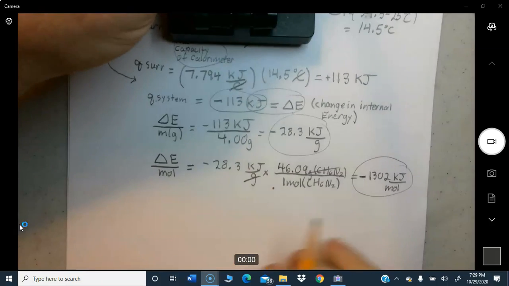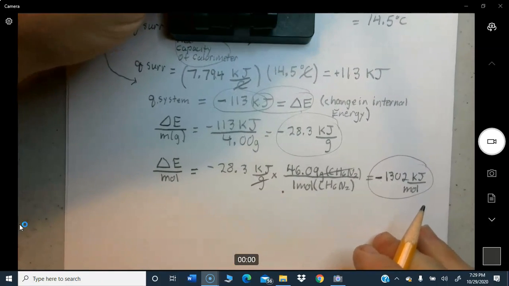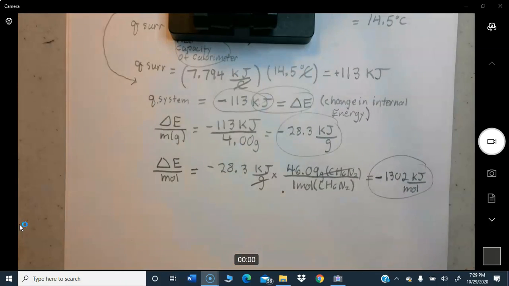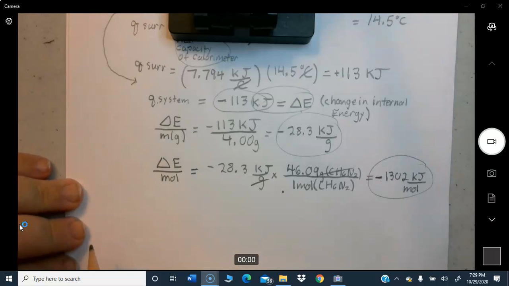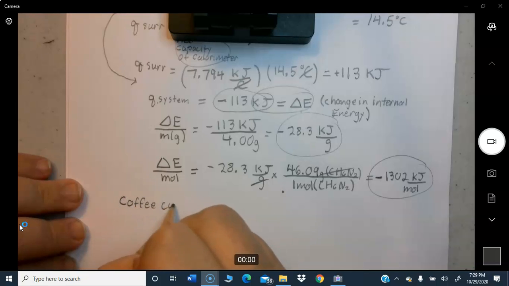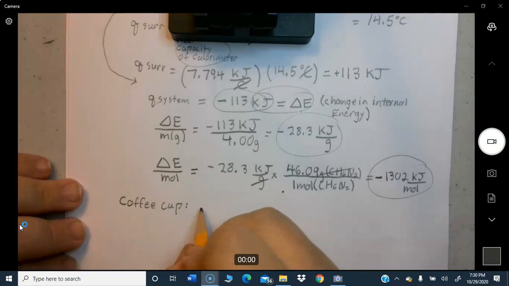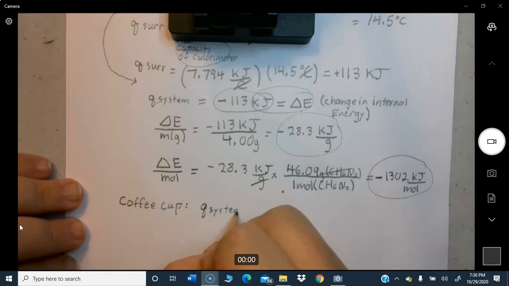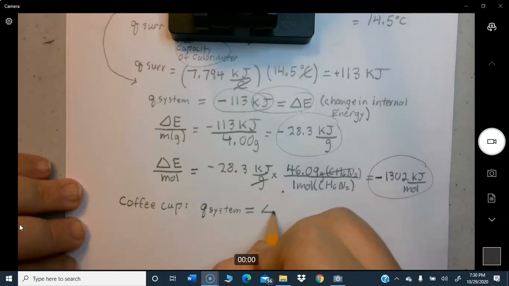Okay, so let me write down this principle one more time. I think this is an important principle to cover. For coffee cup calorimetry, Q of the system, the heat coming out of the system, equals delta H, change in enthalpy.